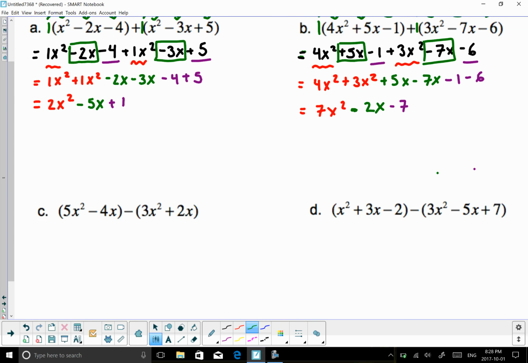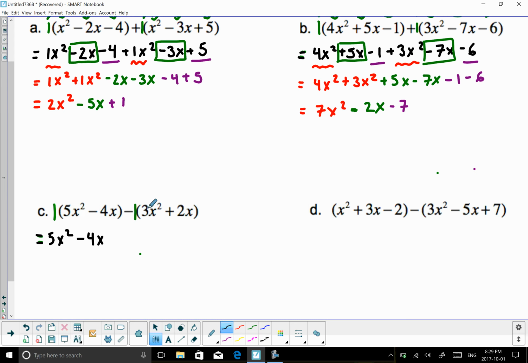So again, remember there's invisible ones outside here. Now this is a little different because there's a minus here. So I got to keep that in mind. Positive 1 times 5 is just 5x squared. And positive 1 times negative 4 is negative 4x. But this becomes tricky. Here it's a negative 1.